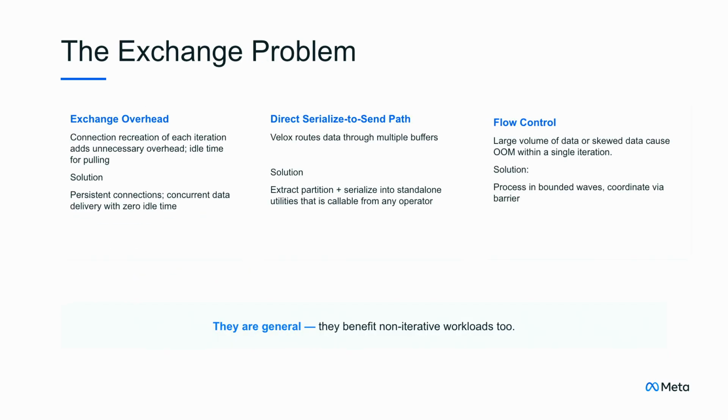Now let's take a look at the second challenge, the exchange. Exchange means the data exchange across workers, or data shuffle across workers, whatever you call it. The core issue is also related to Velox being designed for single pass queries. Similarly, the exchange layer was designed for single pass queries as well.